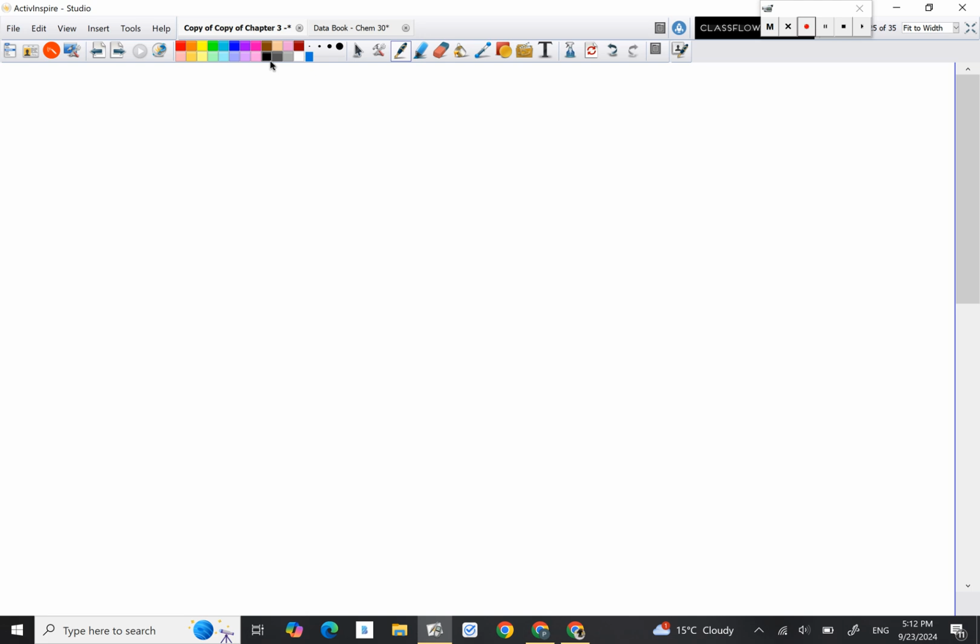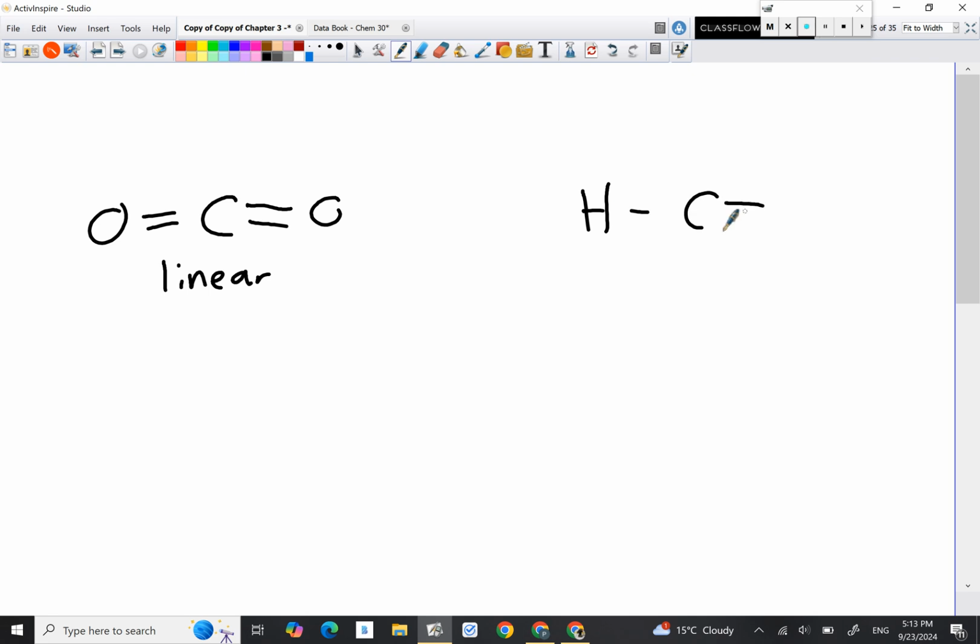When we look at carbon dioxide, this is linear. And of course, HCN is also linear. So this is a good one where we can actually see these vectors canceling.